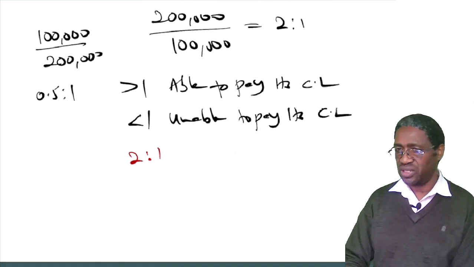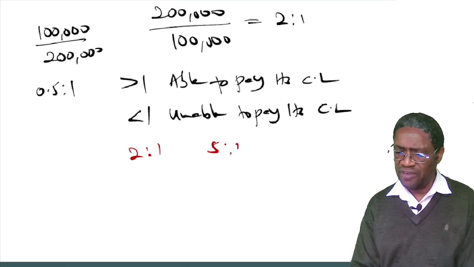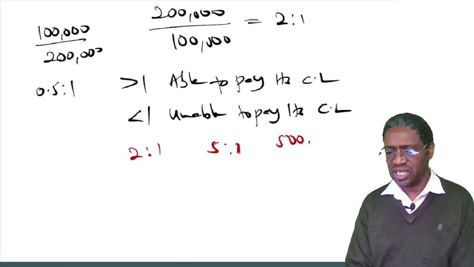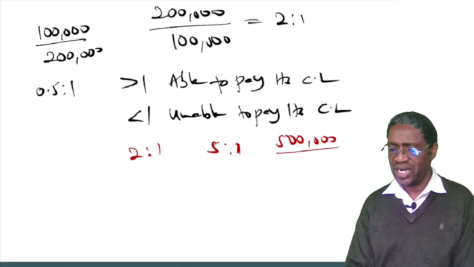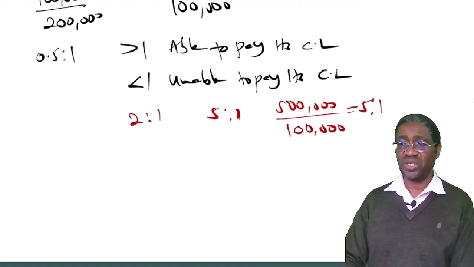Okay? Now, listen. The question is, what if you have a ratio of 5:1? Is there a problem? Maybe your current assets are 500,000 while your current liabilities are 100,000. So you get a ratio of 5:1. Is there a problem? Listen to this now.